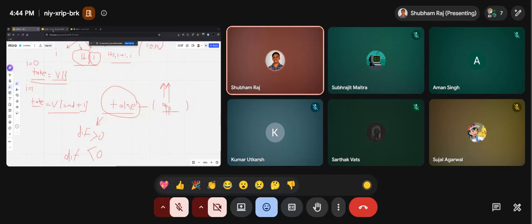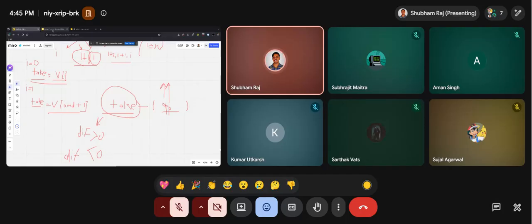And if a player cannot make a move, he or she loses the game. Given a positive integer n, return true if and only if Alice wins the game. Otherwise, false. We will be given an integer value n, right?